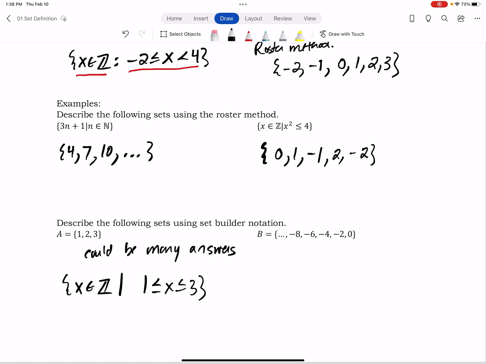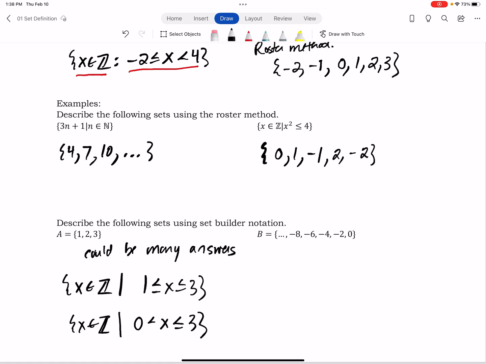That's not the only way. You could say x in Z such that 0 < x ≤ 3, right? So there's a lot of different ways that you could describe the same set.